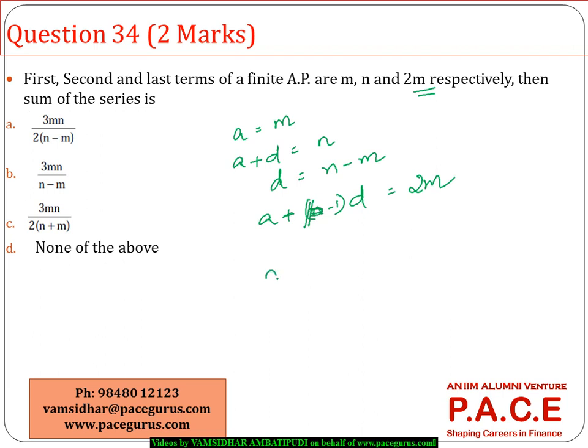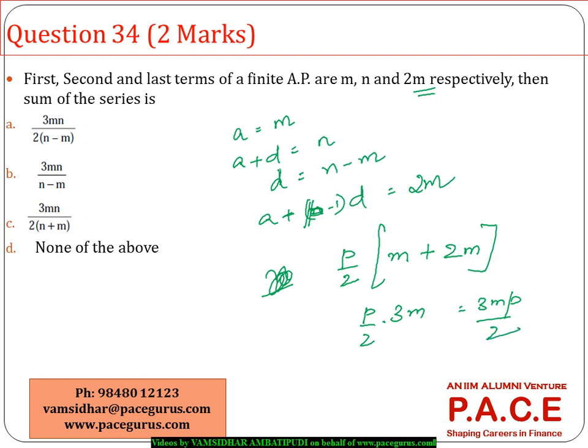What is the formula for the sum of the series? Whatever the number of terms, let's say p terms are there, p by 2 into first term plus the last term. Last term is 2m. So if we are talking about p terms, p by 2 into 3m, which is 3mp by 2.